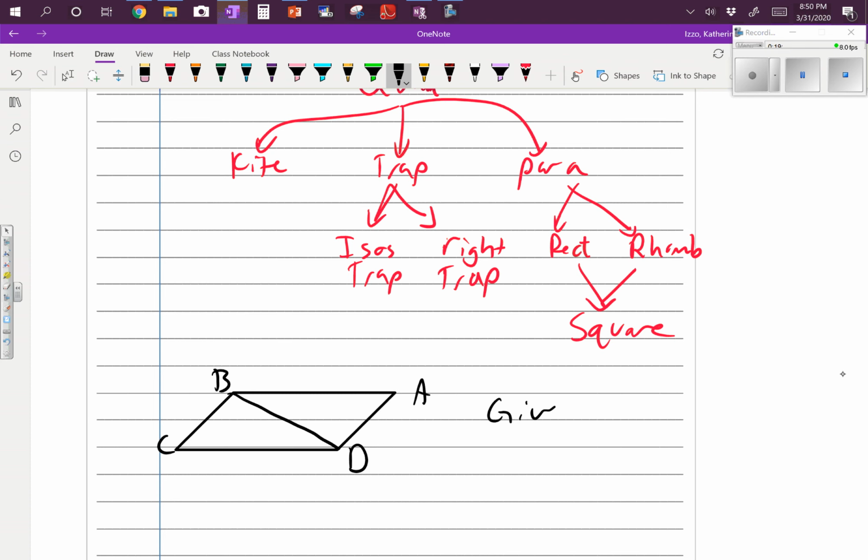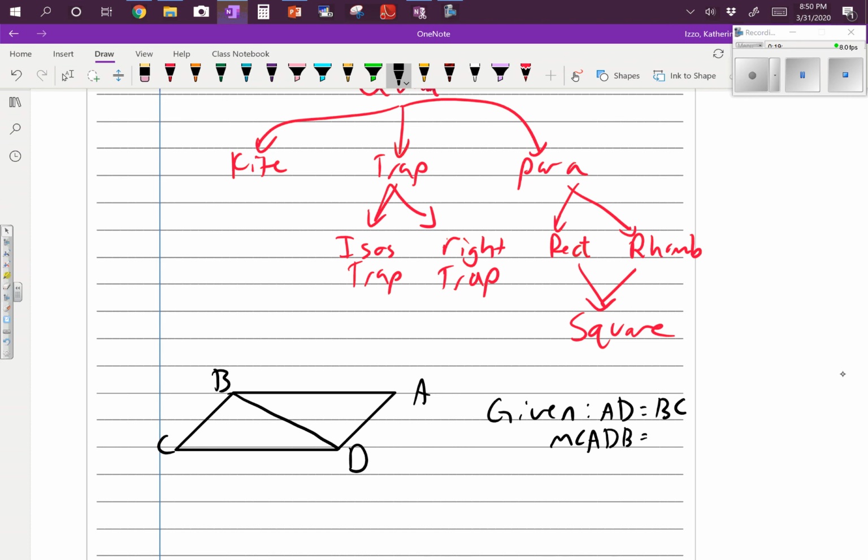I'm going to give you some givens, of course. Given AD equals BC, prove ABCD. Oh, no, there's 2 givens. I lied. Thank goodness. I was about to say 1 given is kind of rough. That's just mean.